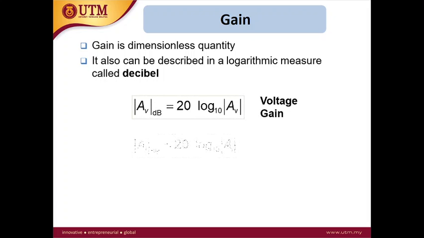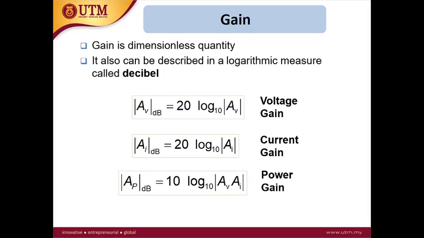Okay, so you know the gain is dimensionless. This statement is applicable for voltage and current gain. The word dimensionless means there is no unit, because for example, the voltage gain is output voltage over input voltage, so voltage over voltage, the unit of voltage is cancelled out, so there is no unit.